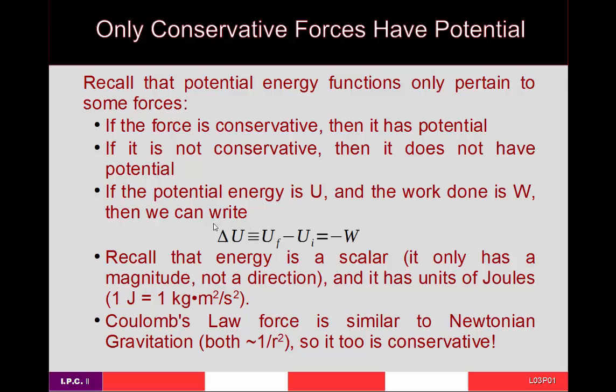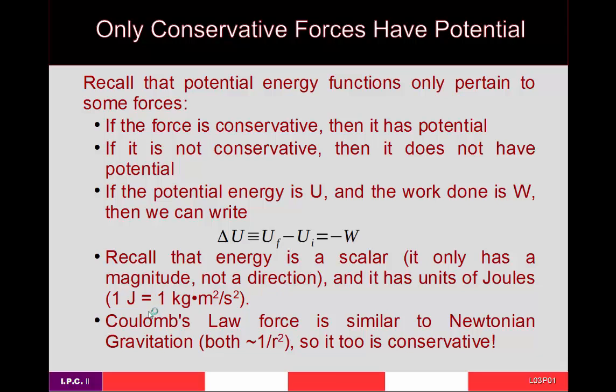So the change in potential energy is equal to, magnitude-wise, the amount of work that is done on an object. And again, this is a scalar, which means it has magnitude but not direction, and therefore we don't have to worry about vectors directly when calculating it.